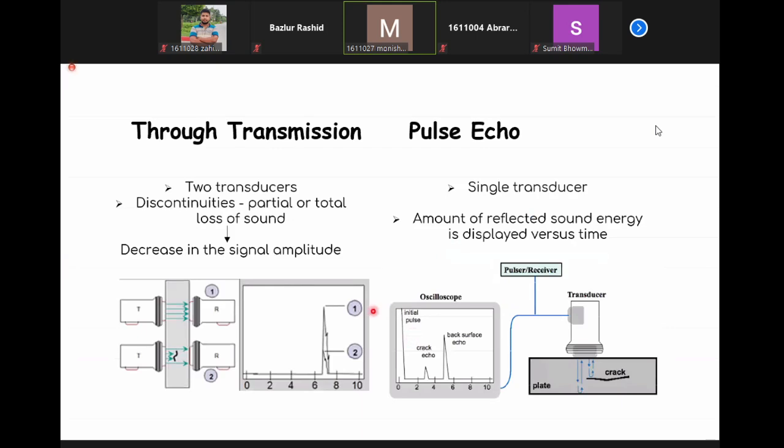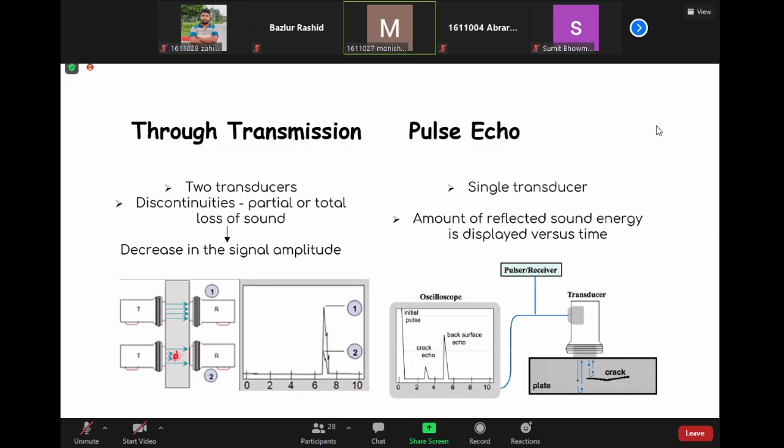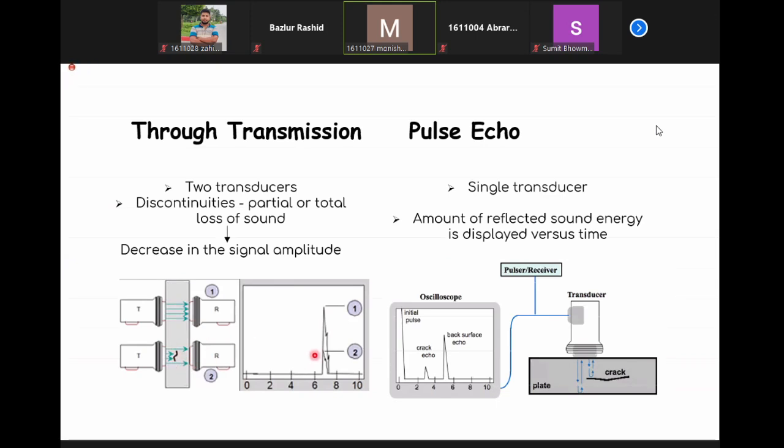There are two ways of conducting this inspection. One is through transmission. Here, across the thickness of the material, we use a sender and a receiver transducer. It sends the signal, and the receiver receives and analyzes it. But if there's any obstacle, the receiver fails to detect it and gives a different kind of signal.